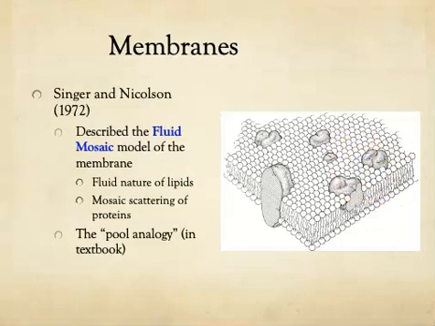One of my favorite analogies of the fluid mosaic model is what's called the pool analogy, and that analogy comes out of a textbook. The analogy has us imagine a pool, like a backyard swimming pool, that we have dumped hundreds and maybe thousands of ping pong balls into, so that the entire surface of the water is covered in ping pong balls.